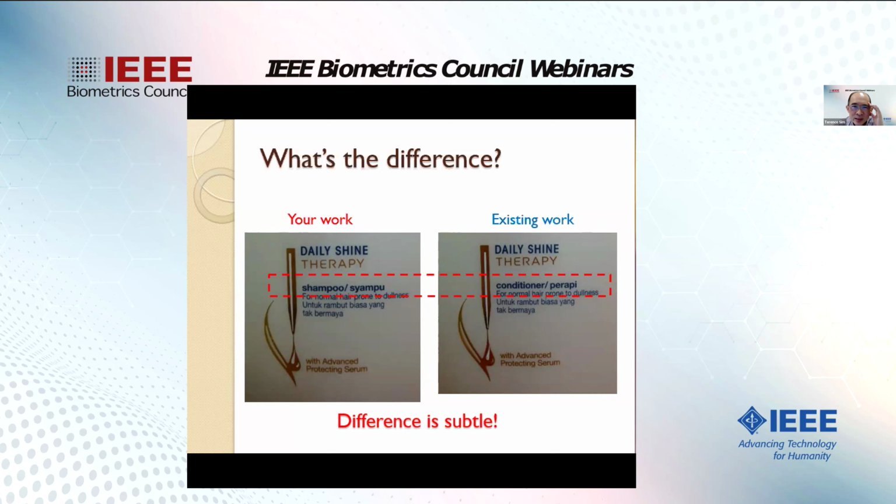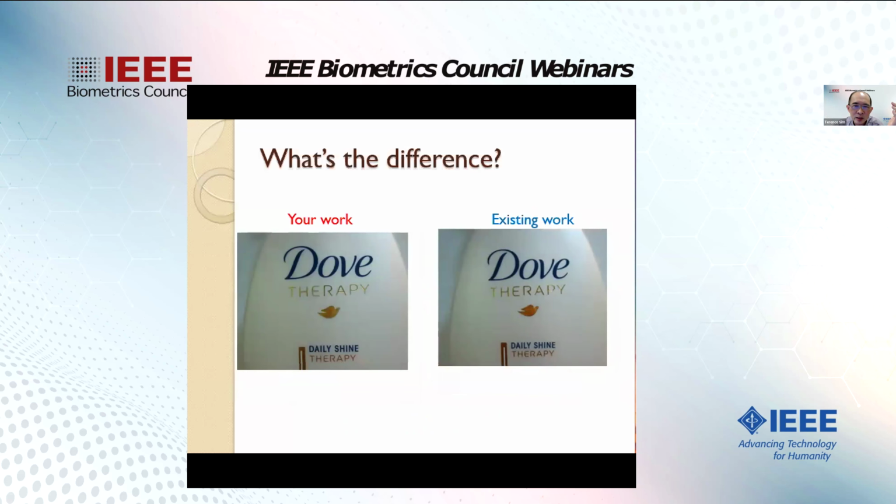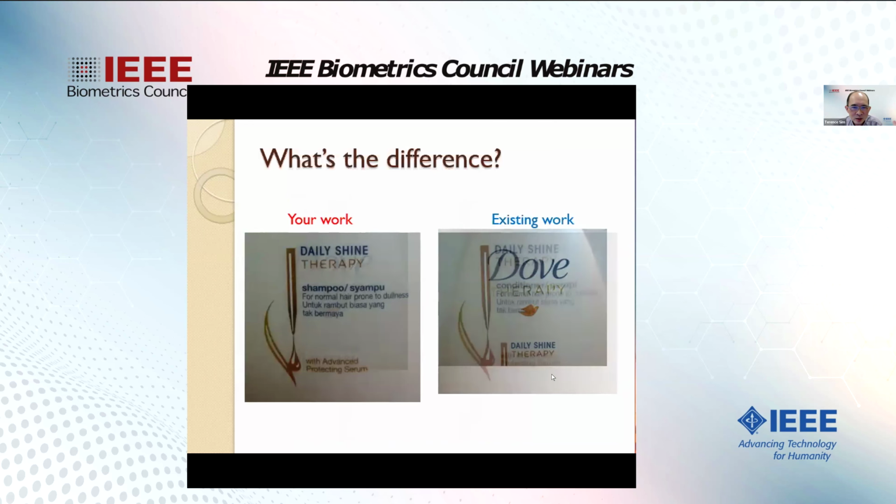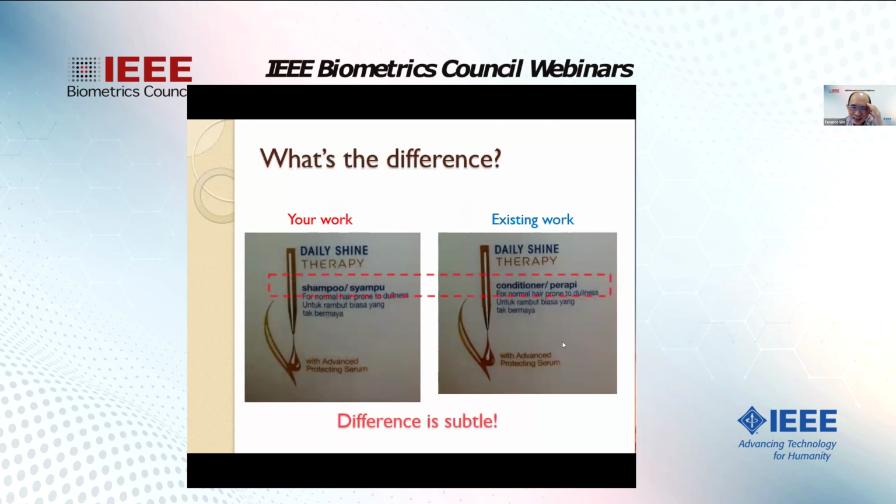I picked this example because it actually happened to my wife. My wife went to the supermarket wanting to pick the conditioner and not the shampoo. But on the shelf, the two bottles look alike. She just grabbed one and then came and said, oh, good grief, I bought the wrong one. And the reason is, it's in font size 9.